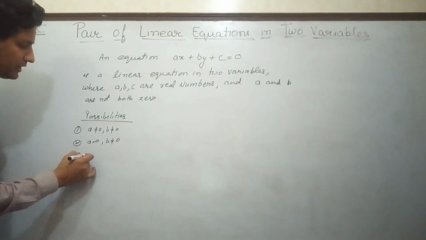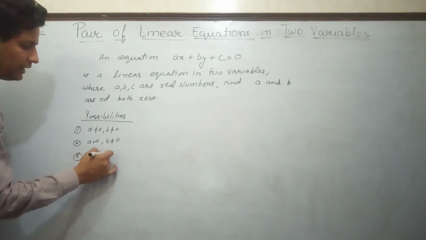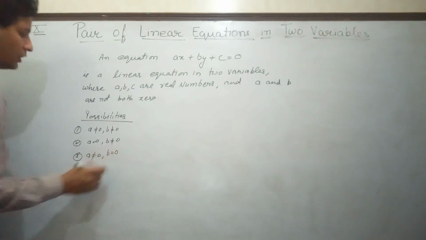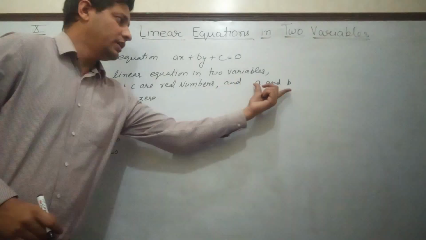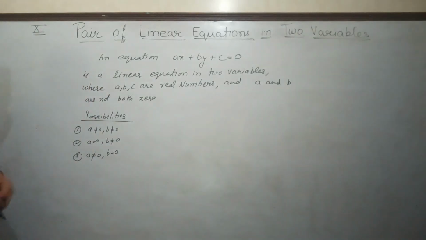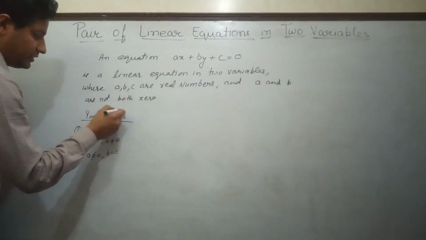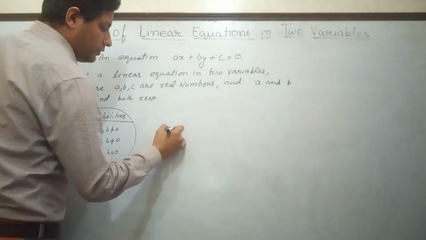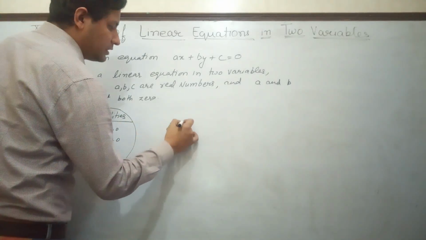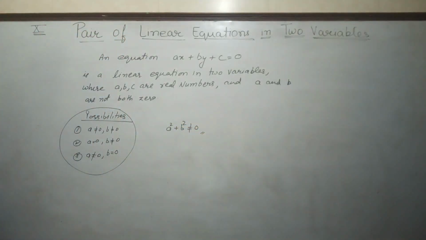And third possibility can be A not equal to 0 and B can be 0. So these are the three possibilities for this statement, A and B are not both 0. We can also write this statement as A square plus B square is not equal to 0.